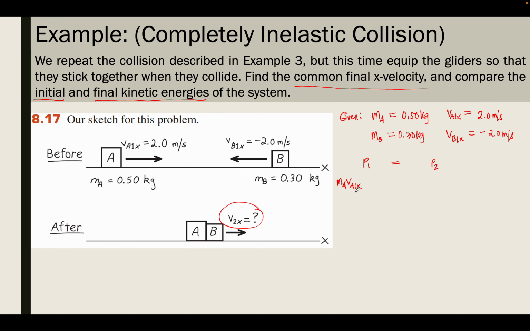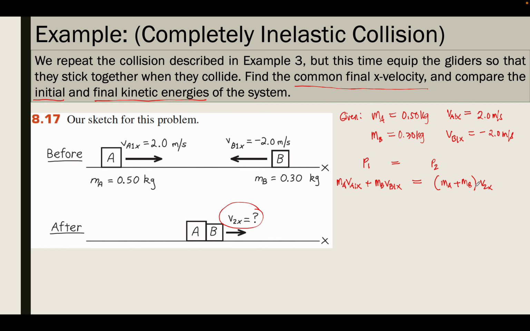For the initial momentum, we have mA times vA1x, the momentum of glider A, plus mB times vB1x, the momentum of glider B, which is equal to the final momentum of the system, the sum of the masses mA plus mB times v2x, because after the collision they stick together and move together as one. That's why they have the same final velocity.